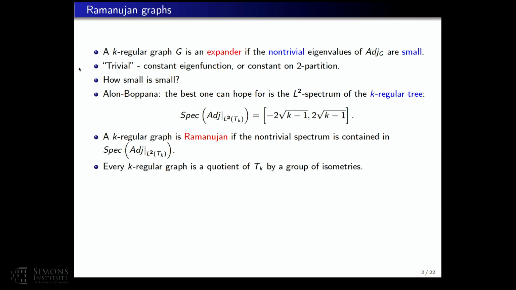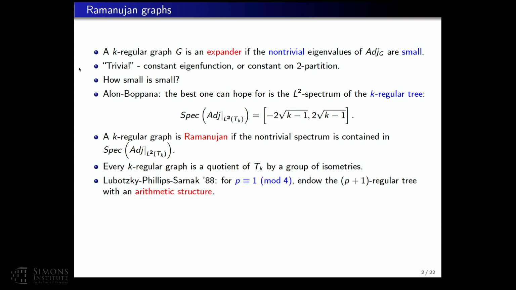Now, every K-regular graph is a quotient of the K-regular tree by some group of isometries acting on the tree. And what Lubotzky, Phillips, and Sarnak did in the 80s was, for prime p congruent to 1 mod 4, they gave the p plus 1 regular tree an arithmetic structure, which is something I will explain in what follows.